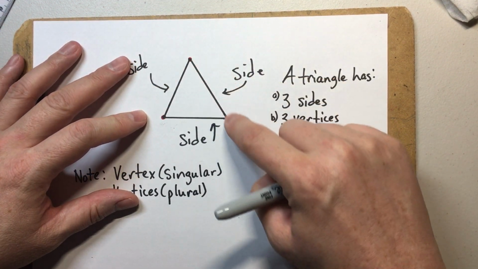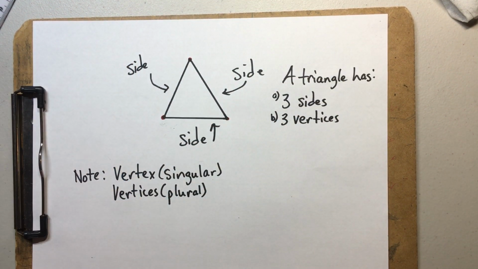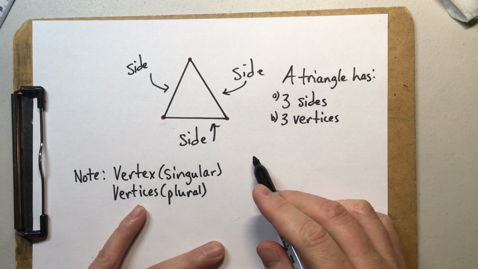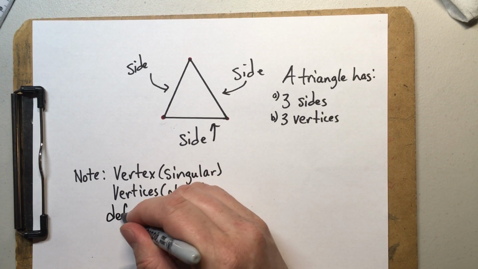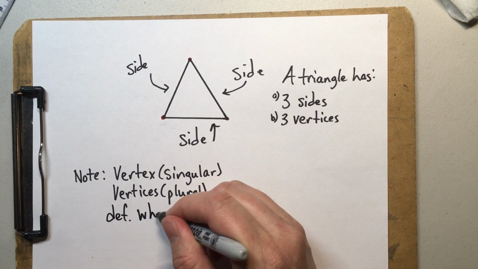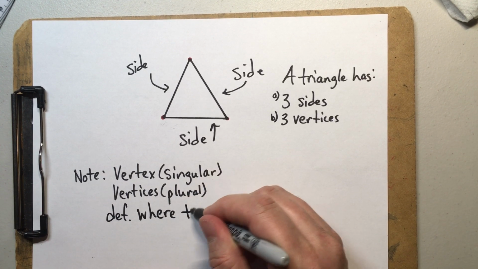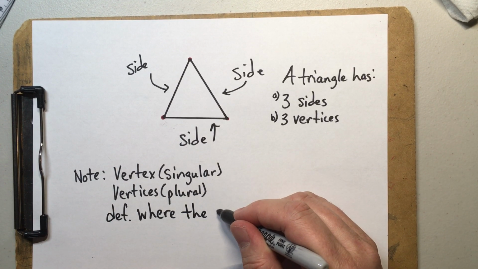If I'm looking at more vertices, it's called vertices. Okay. And a vertex is where the points meet. Definition. Or actually where the sides meet into a point.